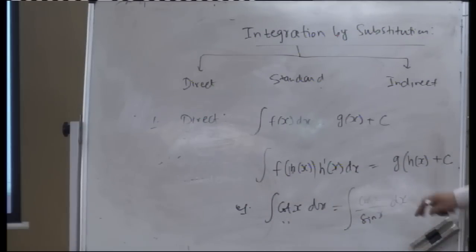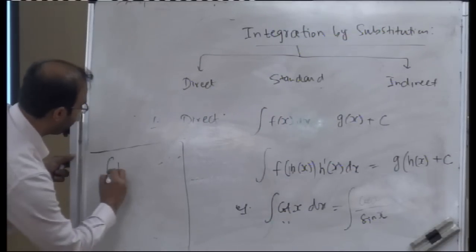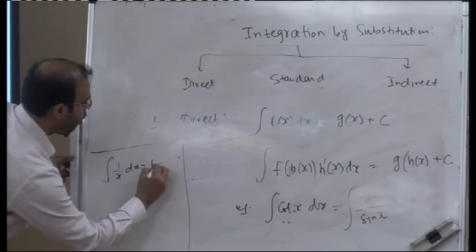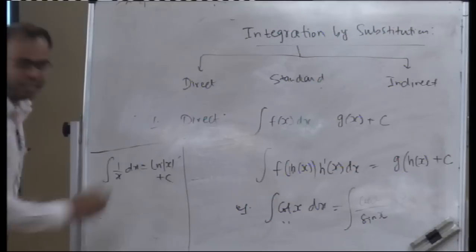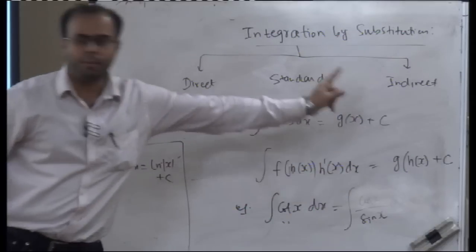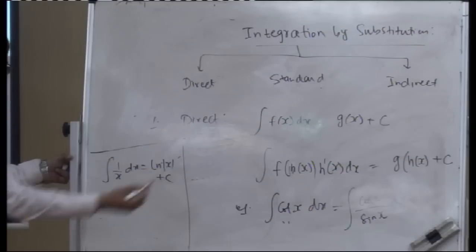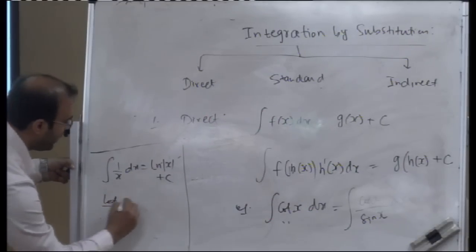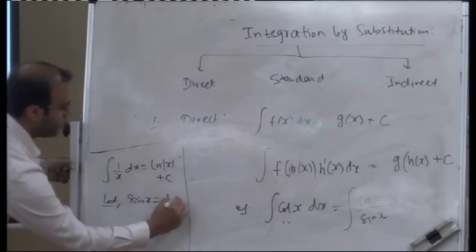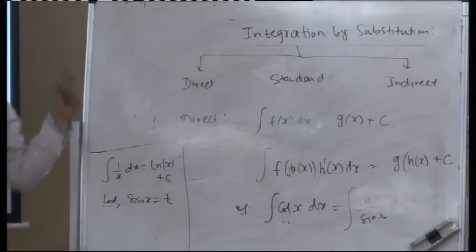We see that if you integrate, in rough you can write it, if you integrate 1 by x dx, what you get? Log of mod x plus c. Now can this theory be combined to integrate that? So what you can do, you can write, let sin x is equal to t. This is actually a substitution, but this is why we call it integration by substitution.